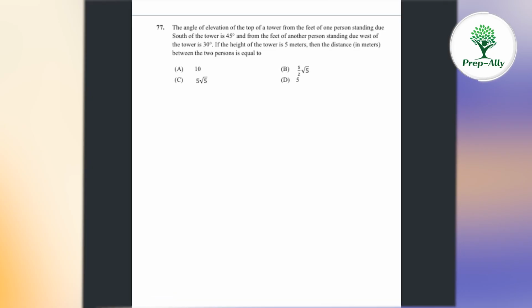So in question number 17, we're told that the angle of elevation of the top of a tower from the foot of one person standing due south. Okay, let's draw a tower, and a person is standing due south, right?